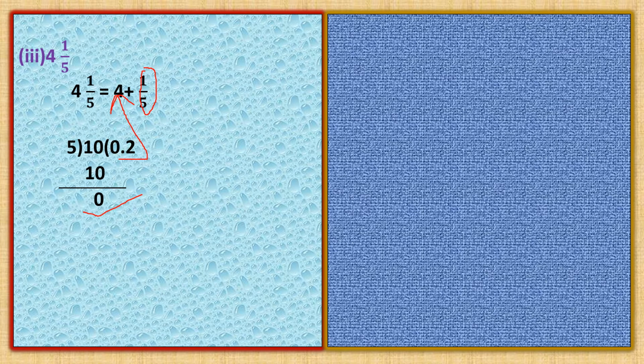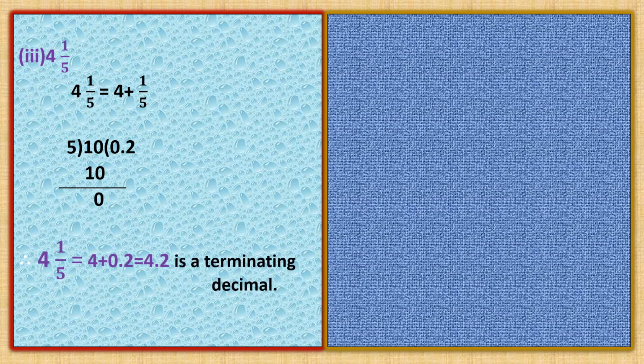Okay, you'll get 4.2. So it is stopping at this point, so it is a terminating decimal. Or you can do 21 by 5 also. Okay, you'll get this 4.2 only. When you divide 21 with 5, you'll get 4.2. So as it is stopping at a certain point, it is called a terminating decimal.